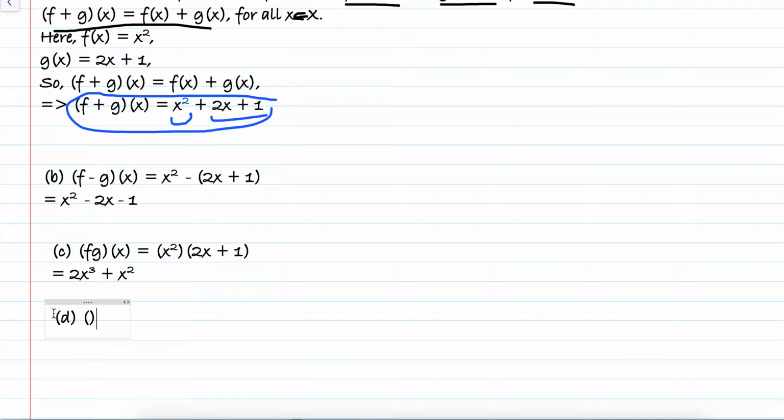Our last case is division. g(x) where g(x) should not be equal to 0.